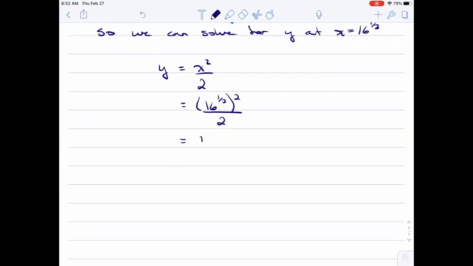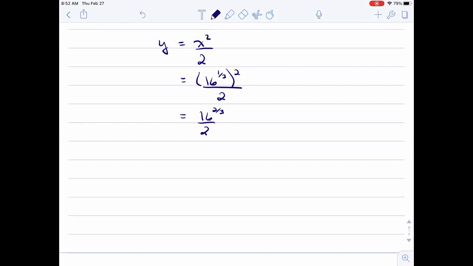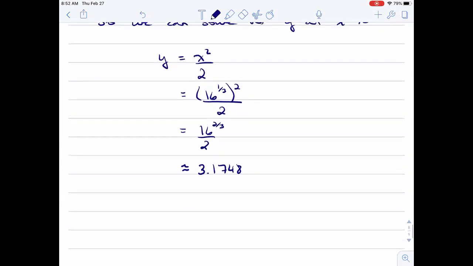So we get 16 to the 2 over 3 over 2, which is roughly 3.1748. And we could probably simplify the exact answer a little bit more, but I think your calculator might do it for you. I think mine does.